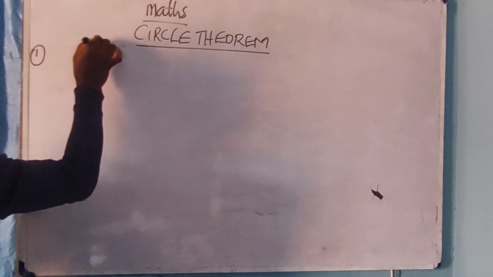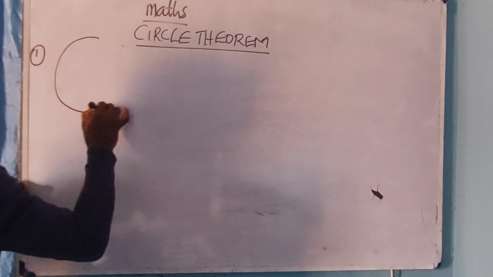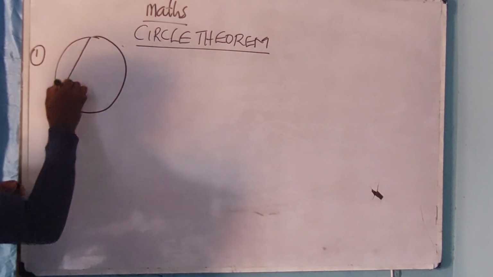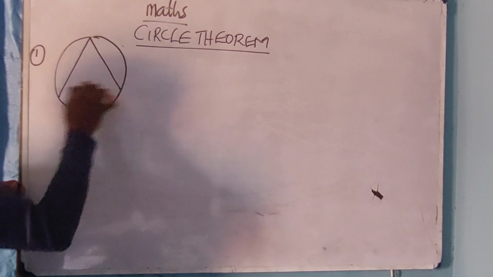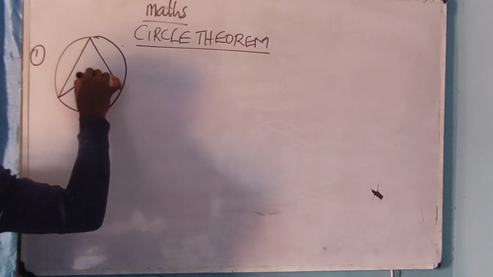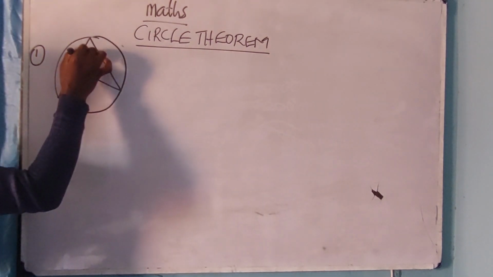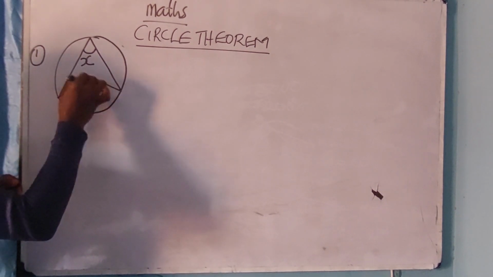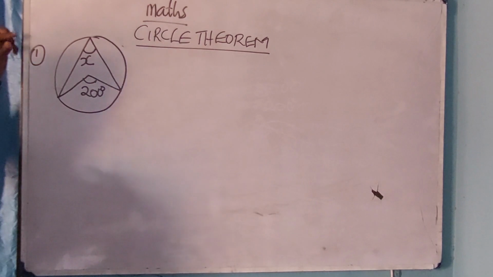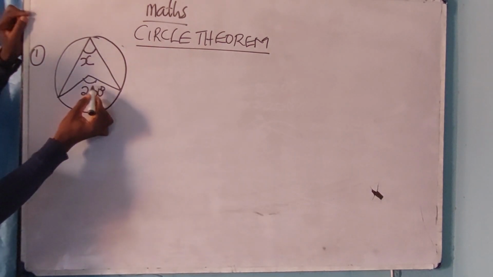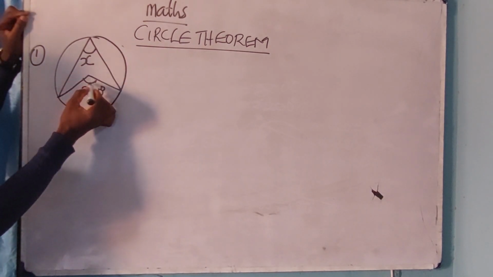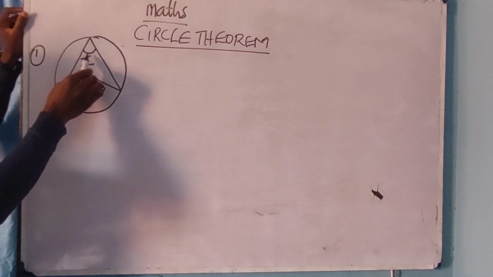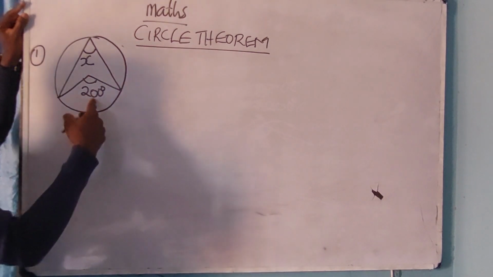Now if I have something like this, a circle, and a structure like this, an arc, if I have x here and 200 degrees here. For me to look for the value of x, the angle at the center is twice the angle at the circumference, which means that the angle at the circumference is half the angle at the center.